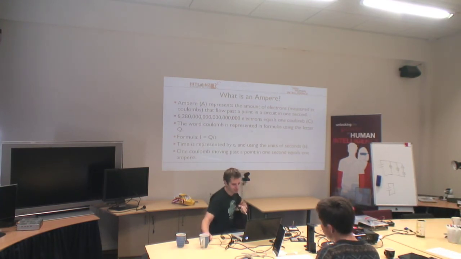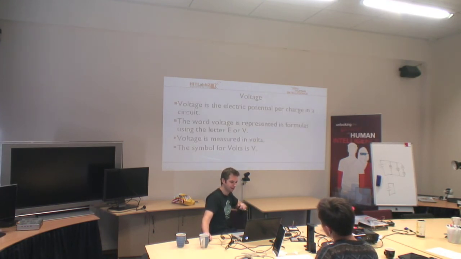The coulomb is represented in formulas using the letter Q. So current is Q divided by t, with t measured in seconds. So 1 coulomb, 6.28 million trillion electrons moving through a piece of wire in 1 second, is 1 amp.